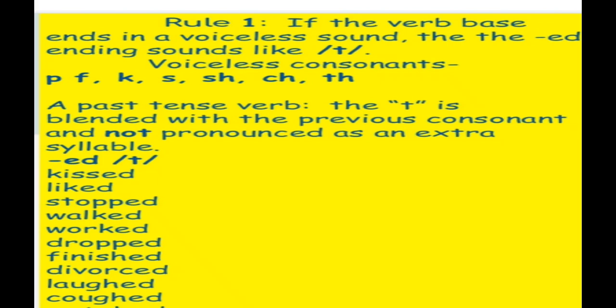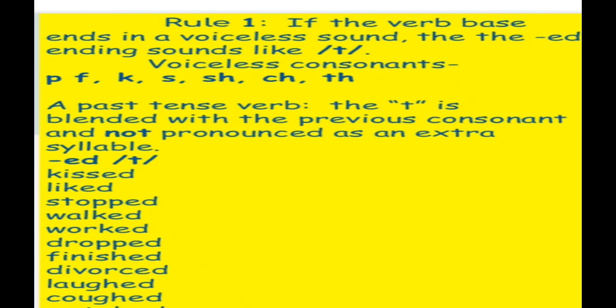So rule 1: if the verb base ends in a voiceless sound, the ed ending sounds like T. Voiceless consonants are P, F, K, S, SH, CH, and TH. In a past tense verb, the T is blended with the previous consonant and not pronounced as an extra syllable.